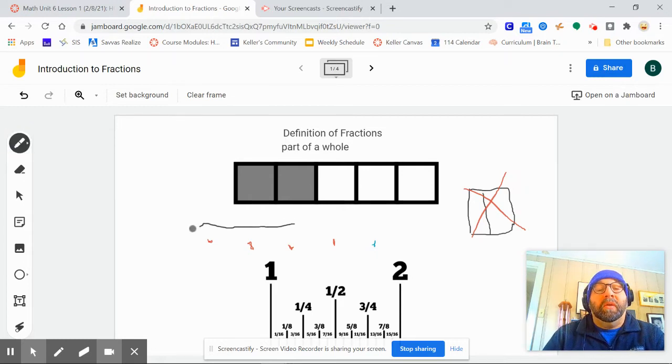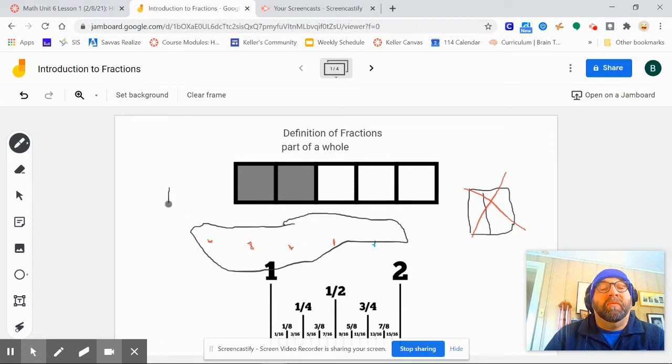And then we think about how many Skittles are of one kind. So we could say we have 1 out of the 5 Skittles is blue. That's another way that we can look at fractions. So you're going to see fractions in 3 different ways, and this is what we're going to be focusing on through our work.